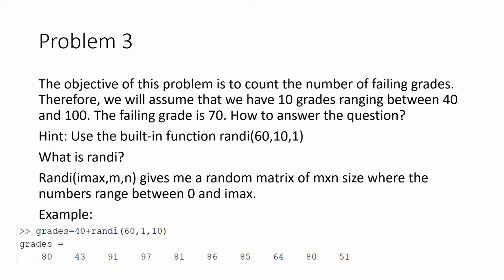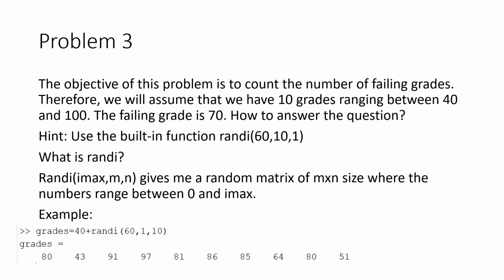Which means here, if I use randi(60, 10, 1), randi will give me a matrix of size 10 times 1, that is 10 rows and 1 column, with a maximum number of 60, which means all the numbers will lie between 0 and 60.